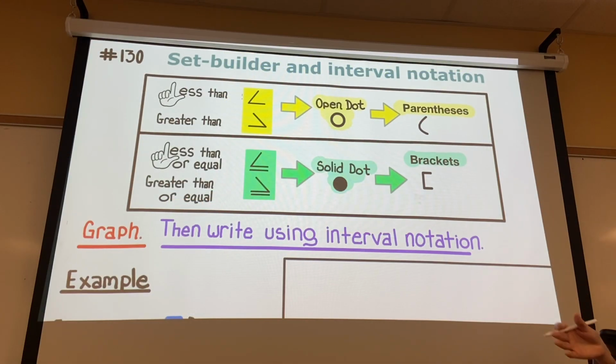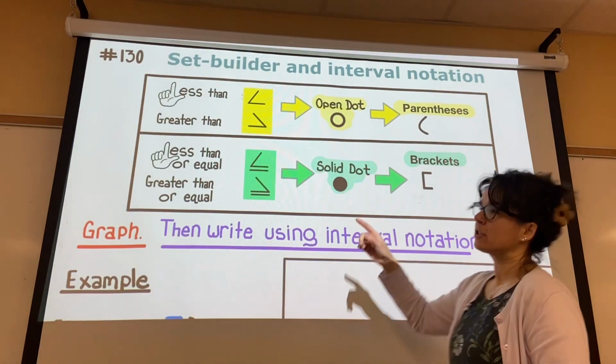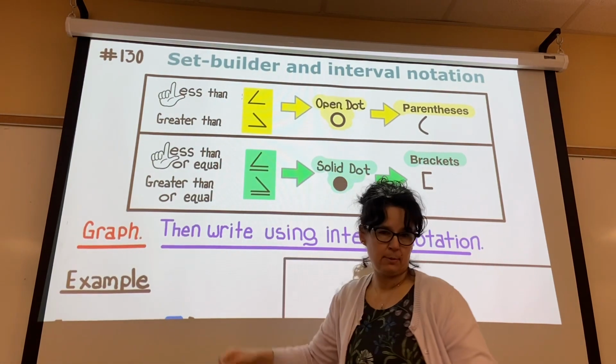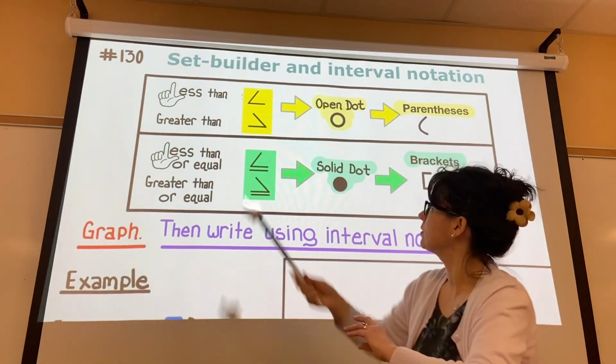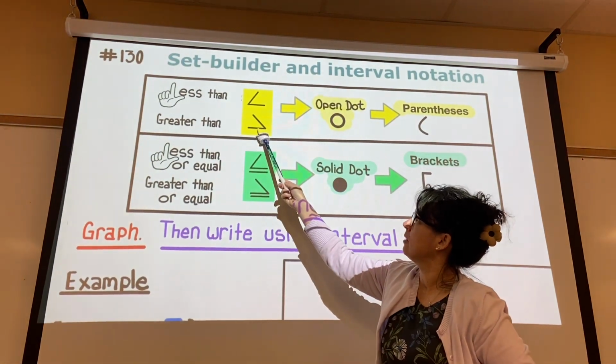All right, so for 130 set builder notation and interval notation, you might want to write down a couple of pieces of this. First of all, we have our symbol here, this symbol versus this symbol.